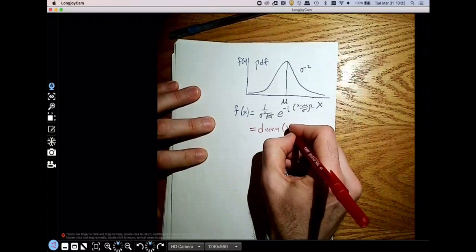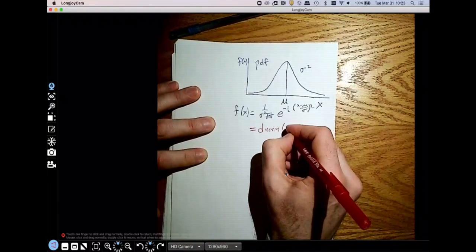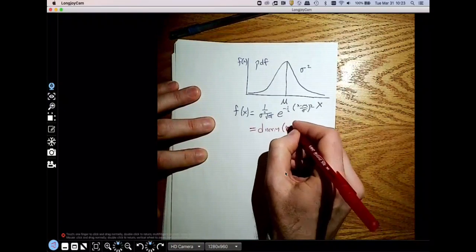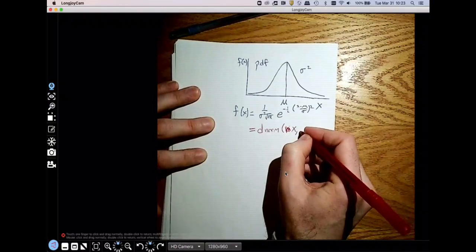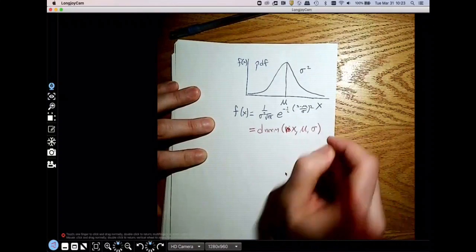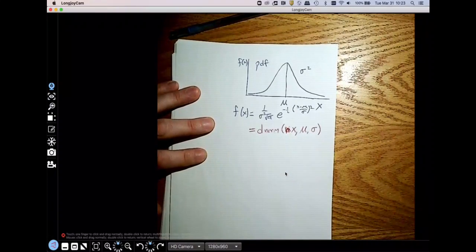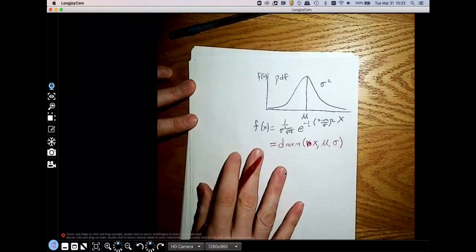You pass to this some x, and then I can also give it the parameters. The parameters are mu, and R parameterizes it with a sigma rather than sigma squared. That's fine. And this will give me the equation of a normal curve. What you should note is that there is a D function for all of them.